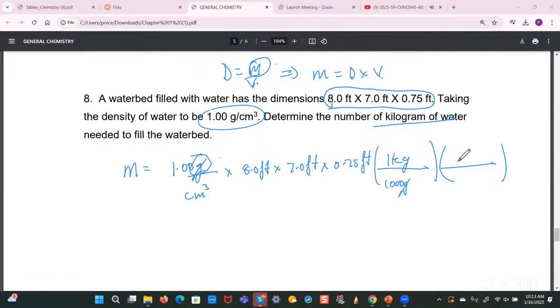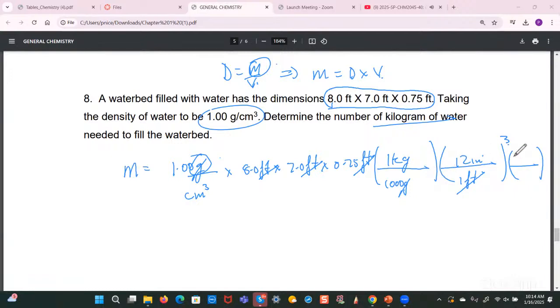So the way we set that up here is that we're going to put 12 inches above and 1 foot below. But because the result of multiplication here is feet cubed, we have to cube that, so that this feet cubed unit will cancel out. Then the next conversion factor is where we convert from inches cubed to centimeters cubed.